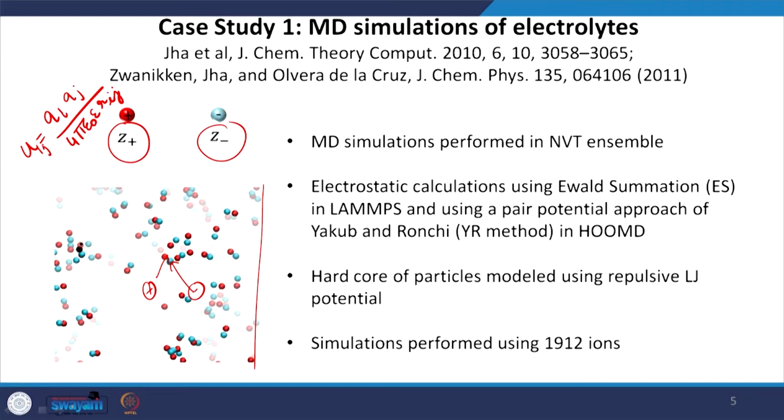If i and j are both negatively charged, then Qi equals z minus and Qj is z minus, and when i and j have opposite charges, then we will have z plus multiplied with z minus. So, by putting that particular force form, the simulation automatically takes care of all the pair computations.